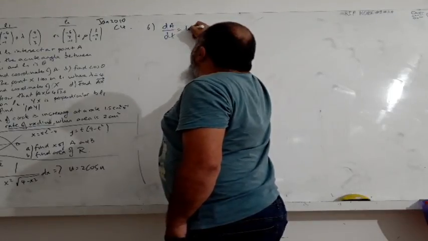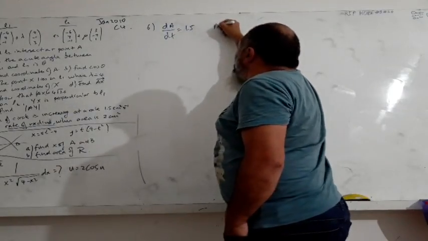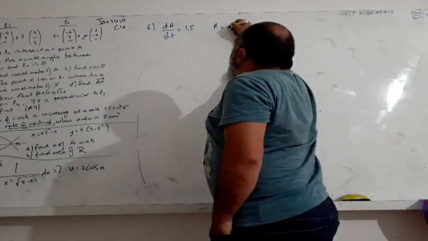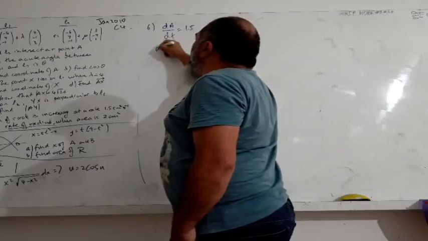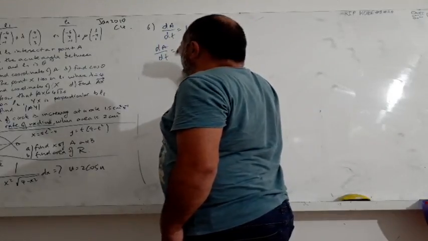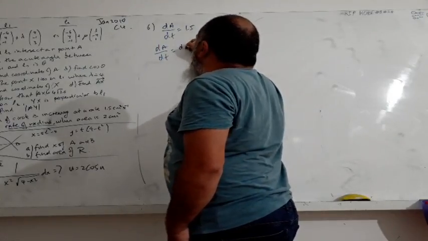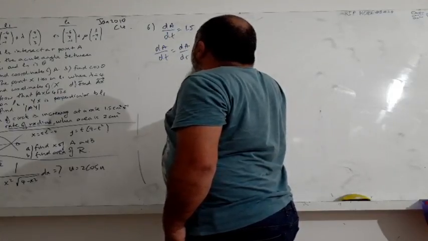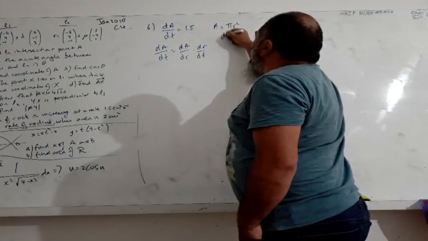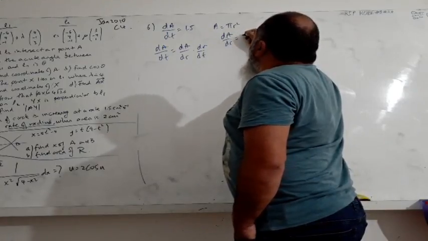It's a circle, so its area is pi r squared, and we have to know that expression: dA over dt is equal to dA over dr times dr over dt. So dA over dr is equal to 2 pi r.